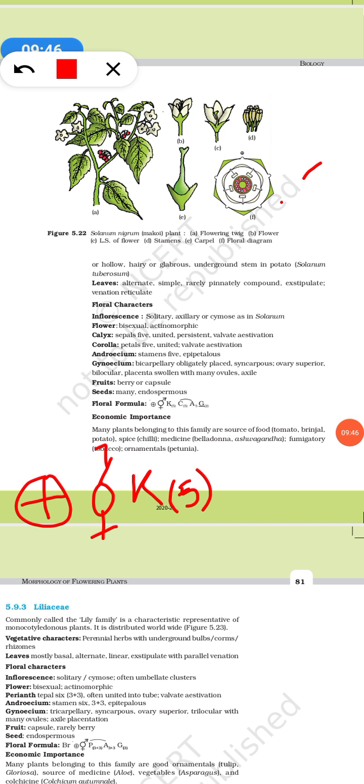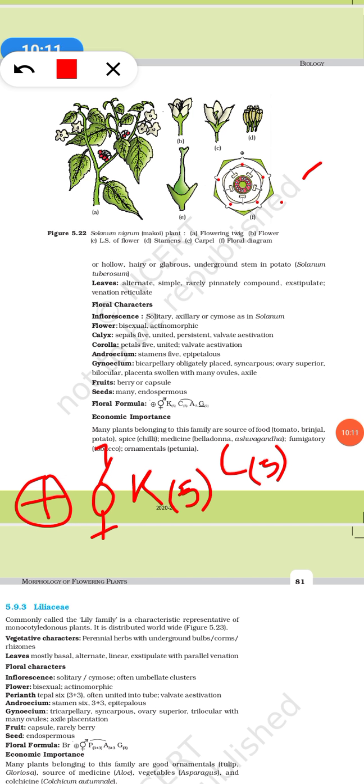Now coming to the corolla. Corolla is how? Petals 5, united, valvate aestivation. So here also we have united and the aestivation is valvate. So I have C5. As valvate, you see they are in this format.